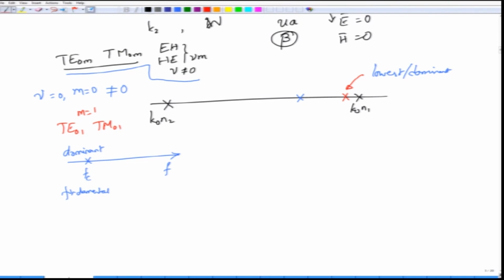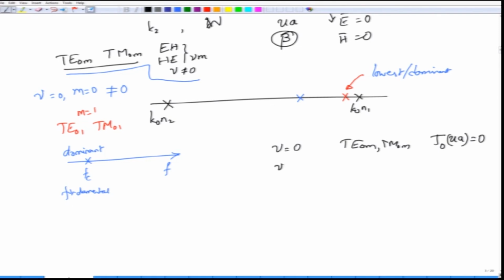Turns out that no. Why? Because if you solve that big equation and find out the cutoff conditions for each mode, you will see that with nu equal to 0, the TE0m and TM0m modes will cut off when J0(UA) is equal to 0.